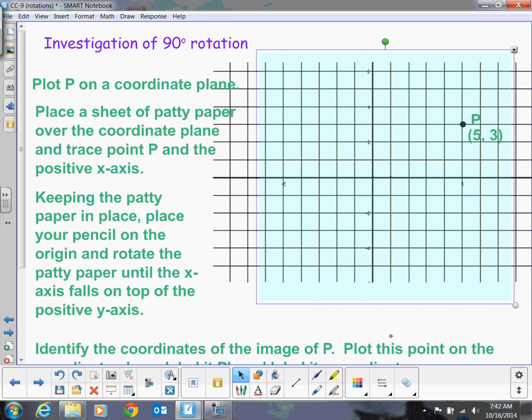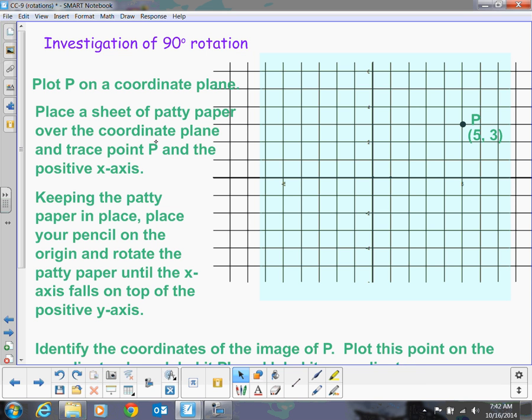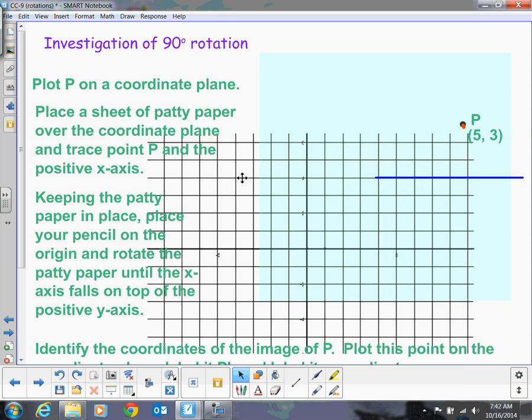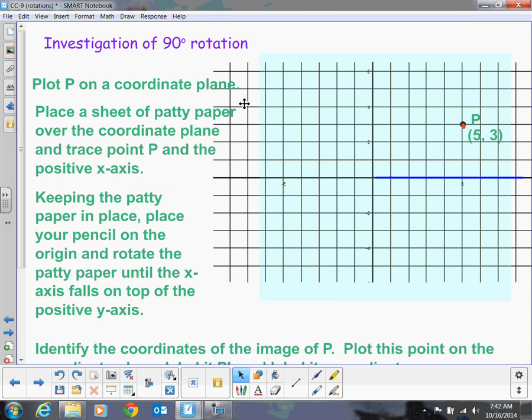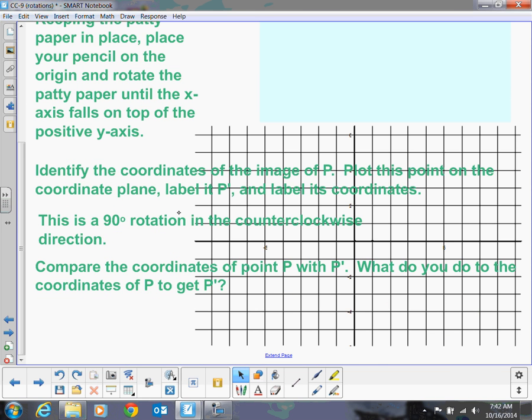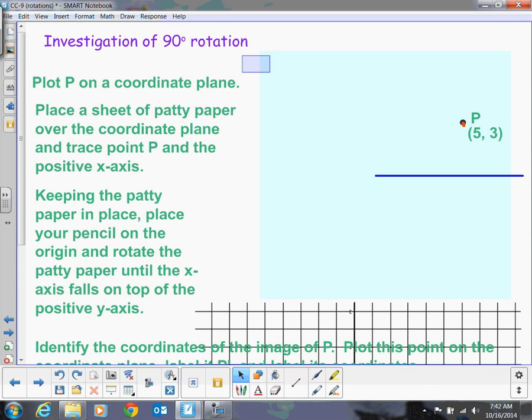See my patty paper? It says, place a sheet of patty paper over the coordinate plane and trace point P. So I'm going to trace point P and the positive x-axis onto my patty paper. While you do that, I have to move my coordinate plane so that I can make sure all this stays on my patty paper.